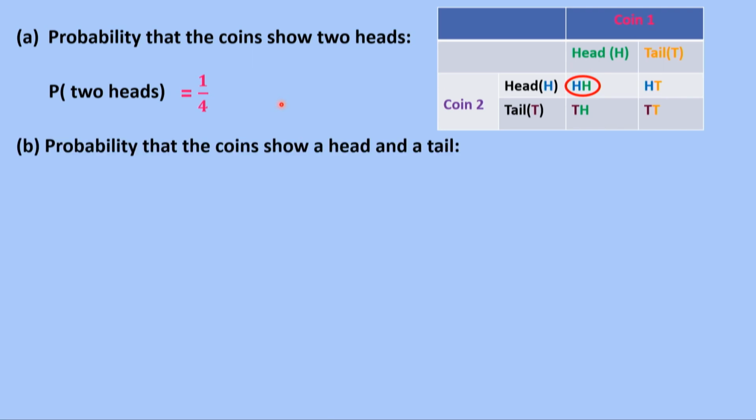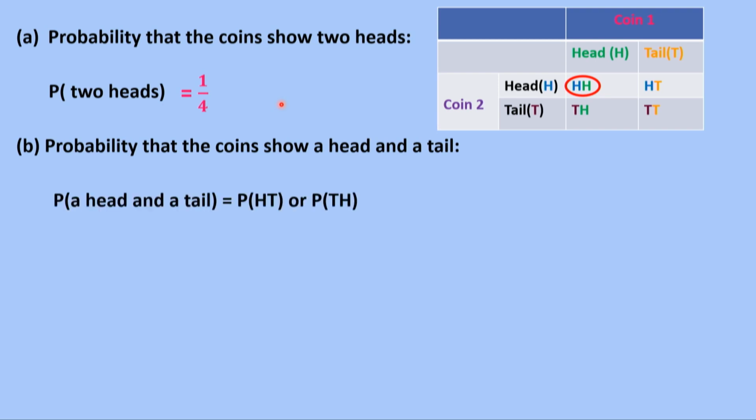Part B now. Probability that the coins show a head and a tail. So in this question, we need to find the probability that the coins show a head and a tail. Now, it can either be coin 1 showing head and coin 2 showing tail, or it can also be coin 1 showing tail and coin 2 showing head.